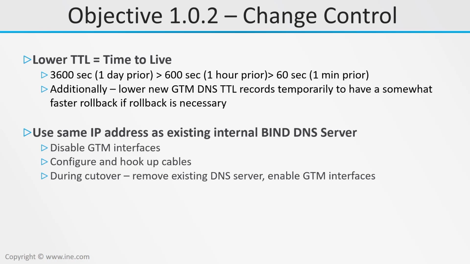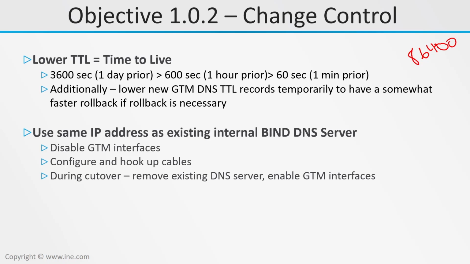So for a normal site, you can expect 86400, which is in seconds, and that's 1 day. So this means that once a DNS server or other DNS client has requested the record, it'll hold that in cache for up to a day before requesting that data.